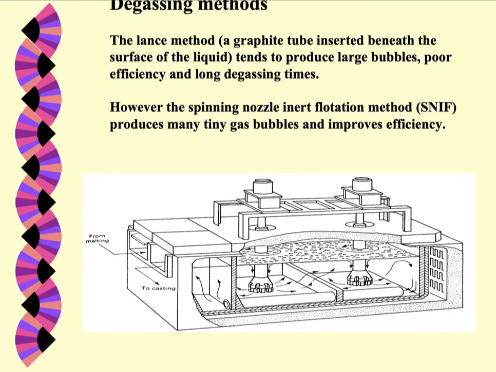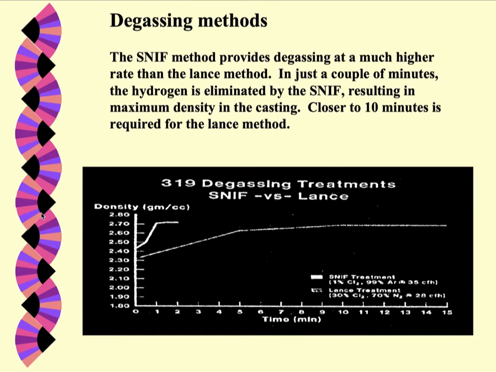Here's some data. This is alloy 319, and it doesn't tell you what temperature they're degassing at. I know that if you degas at a falling temperature, like if you somehow could control the temperature cooling rate, it will degas faster because as the solubility of hydrogen goes down, it wants to kick it out anyway.